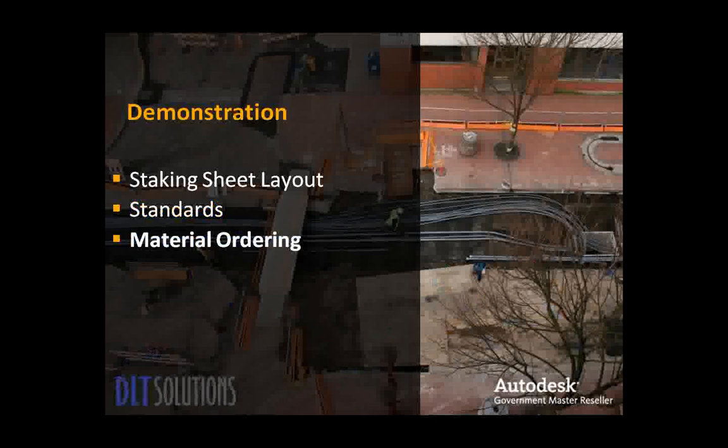All of those can be an underlying base map that you can lay out your staking sheet on. As a utility, I can put together my projects very quickly, potentially from data that's already freely available for download somewhere out there on the web.